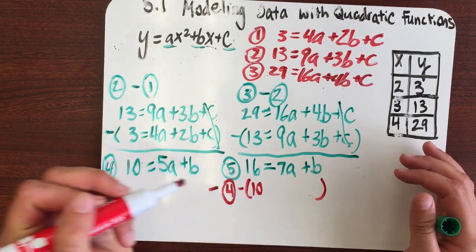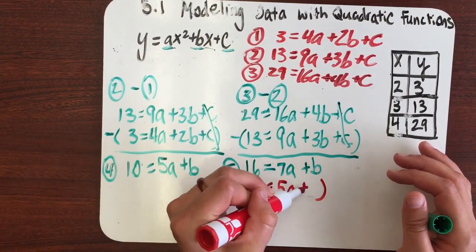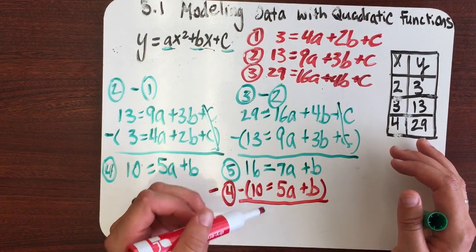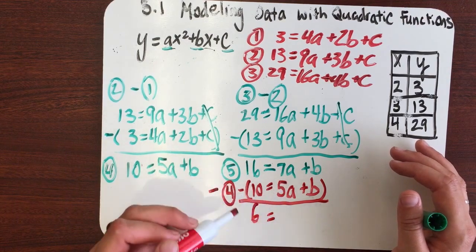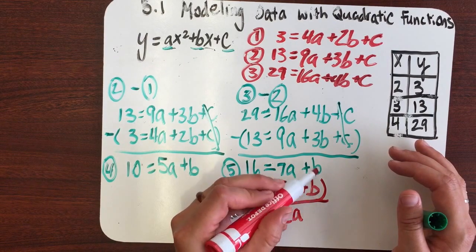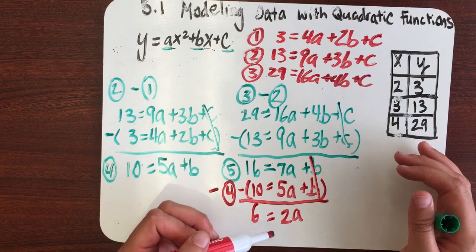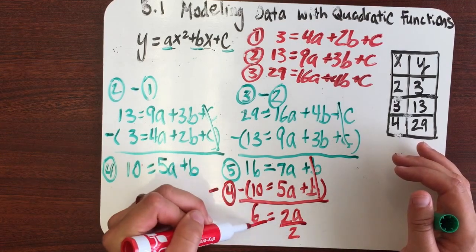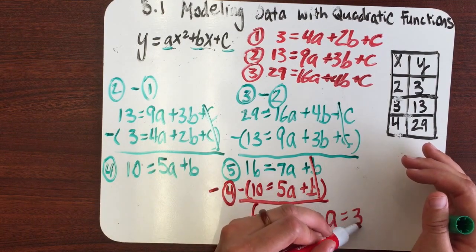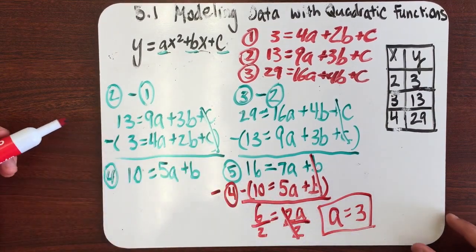So 16 minus 10 will give 6. 7a minus 5a will be a 2a. B minus b eliminates. Now we have finally one equation with one unknown. We divide both sides by 2, and therefore a is equal to 3. 6 divided by 2 is 3. So now we have a is 3.